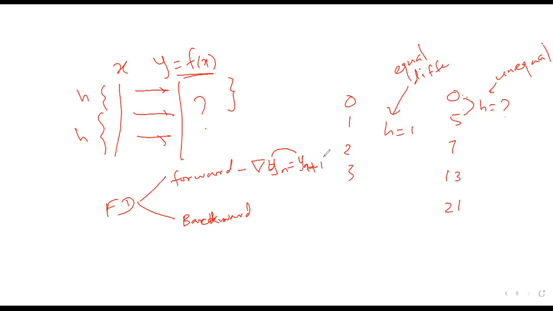But for the backward difference, of yn is equal to yn itself minus y n minus one, so you have to take one less than that. That is the only difference between these two. All the other calculations are the same.